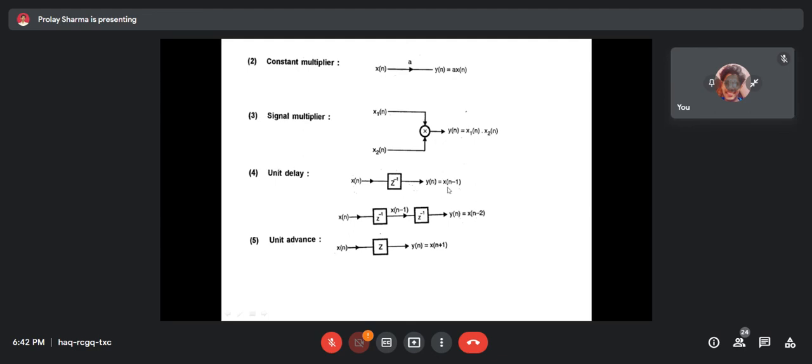If the signal gets advanced, then it is written z only. So one unit advance of x[n] means x[n plus 1]. Now, if x[n] is delayed by one unit, the signal will be x[n minus 1]. If it is further delayed by one unit, the signal will be x[n minus 2].